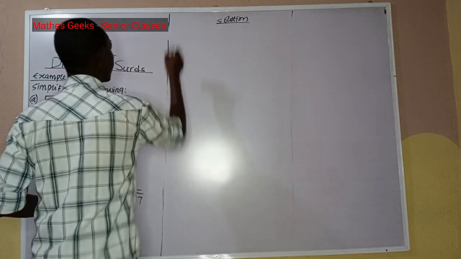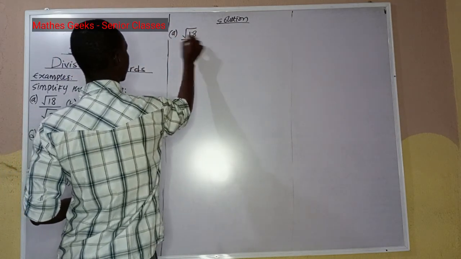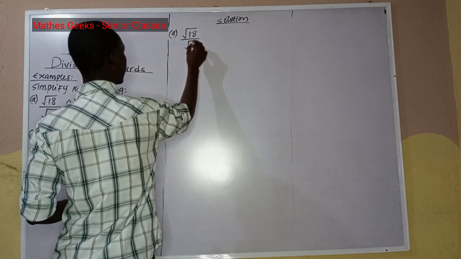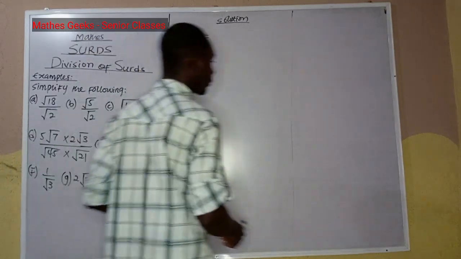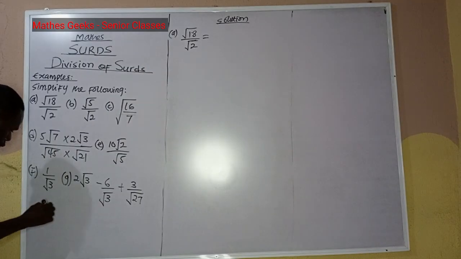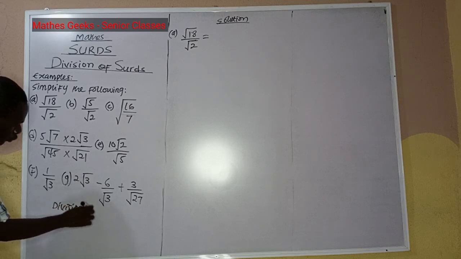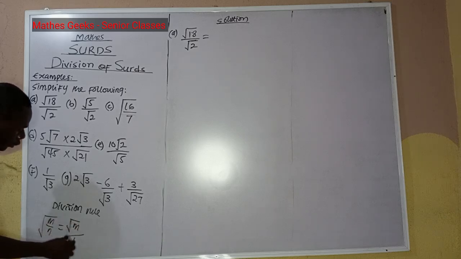Solution. A, root 18 over root 2 is equal to, remember the division rule, that root m over root n is equal to root of m over n.